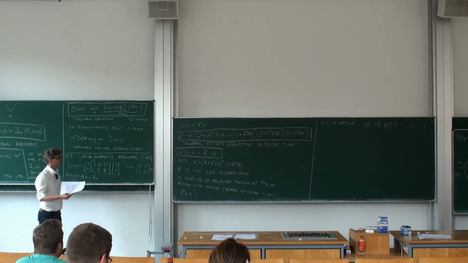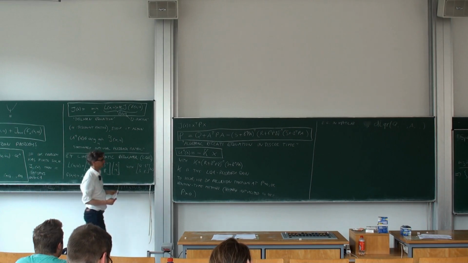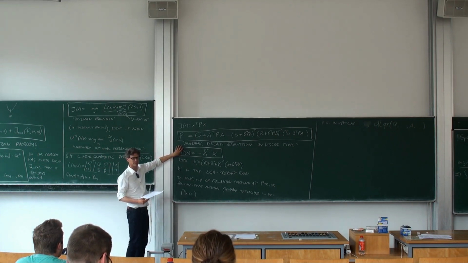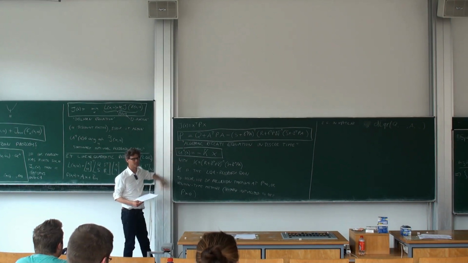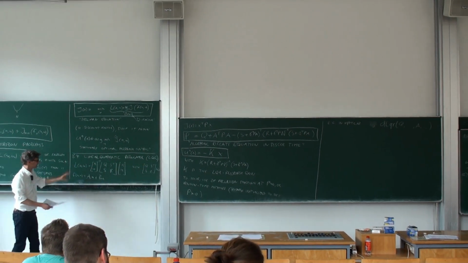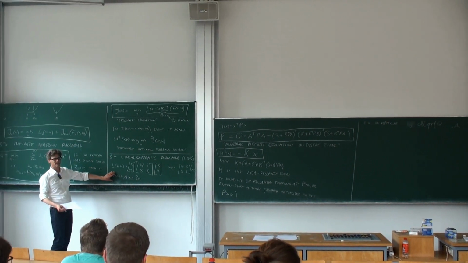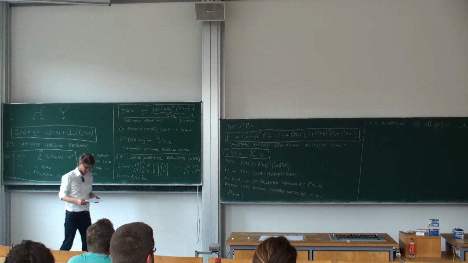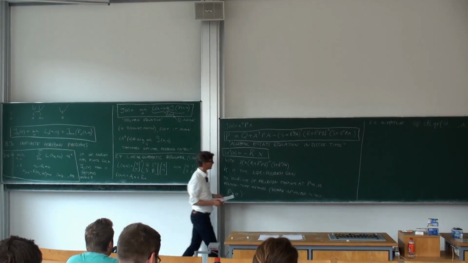So it's an extremely simple algorithm to implement. Once you have found the matrix K, it's extremely easy. And then you have feedback that is optimal for this infinite horizon cost and for this linear system. So that's why LQR is so popular.